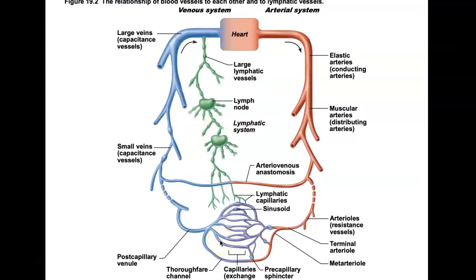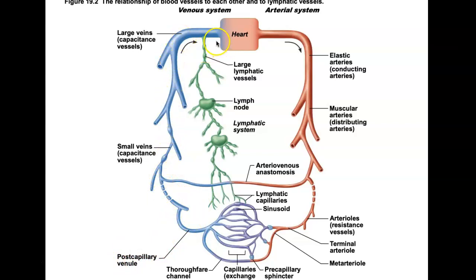From the capillaries, the waste products are removed from the tissues or the organs, meaning diffusion happens from the tissues into the capillaries, and then the blood enters what we call the venous pathway, where you have the smallest veins known as venules, and then of course we've learned that the largest vein is the vena cava.